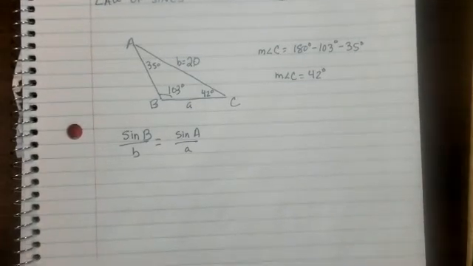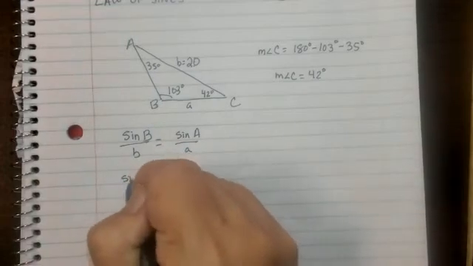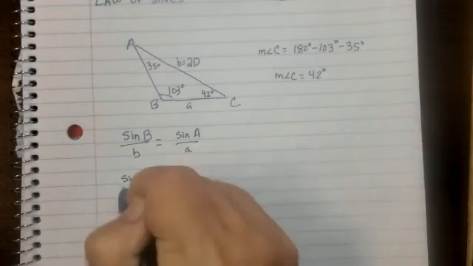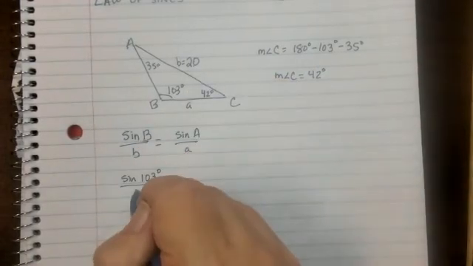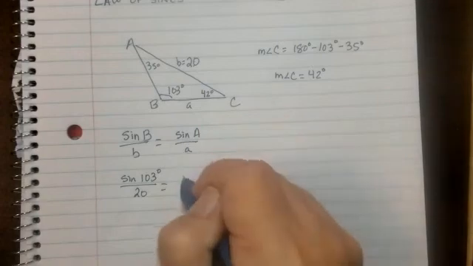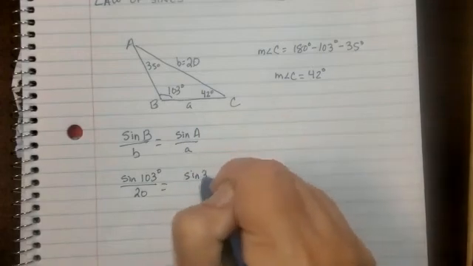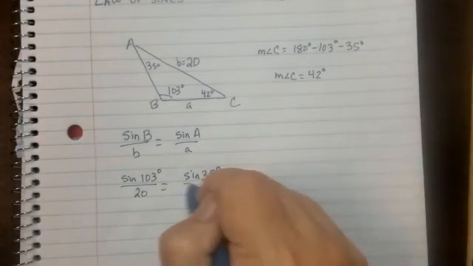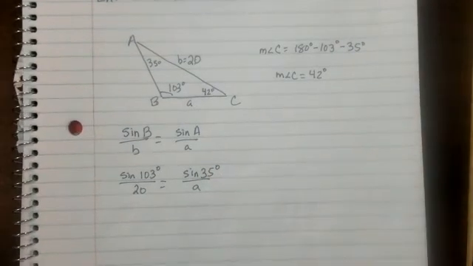Once I set that up, all I have to do is plug in my numbers. So sine of angle B is 103 degrees, B is 20. Sine of A, that's the sine of 35 degrees. And side A is the part that I don't know.